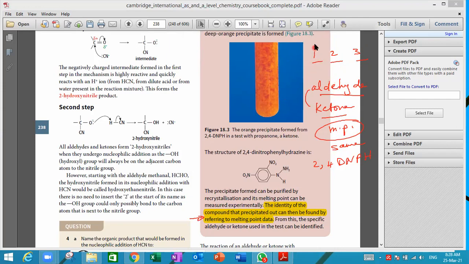So in that case, we react 1 with 2,4-dinitrophenylhydrazine, it will produce a compound. 2 reacted with 2,4-dinitrophenylhydrazine will produce another compound. And 3 with 2,4-dinitrophenylhydrazine would produce a third compound. And now if we measure the melting points of these 3 new compounds, they will be different. And from data booklets, we can determine which one was 1, which one was 2, which one was 3. Understand?